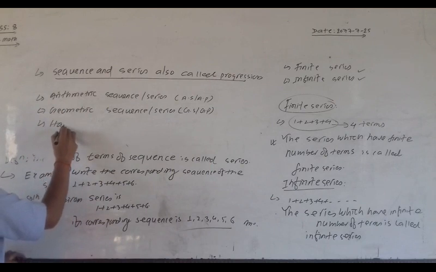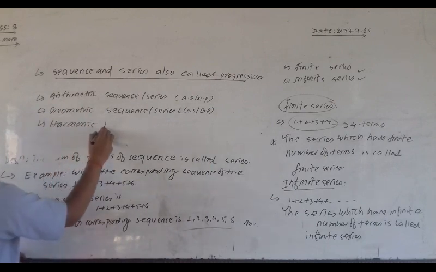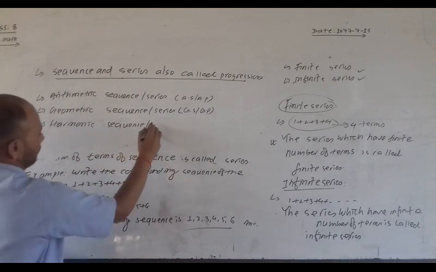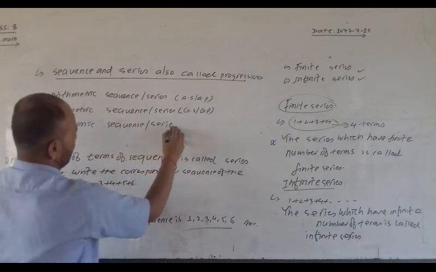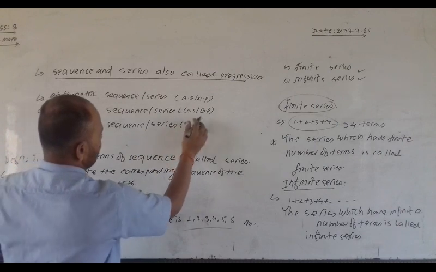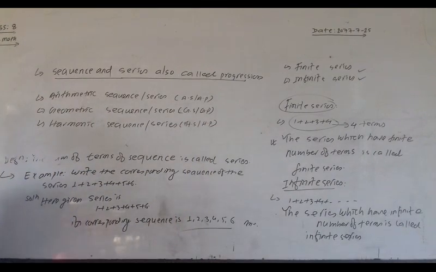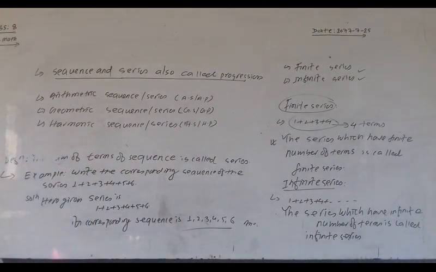Harmonic sequence or series, HS or HP. My dear students, sequence and series are called progressions, and there are three types of progression: arithmetic progression, geometric progression, harmonic progression.